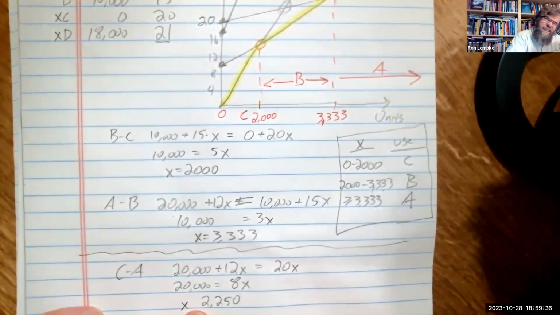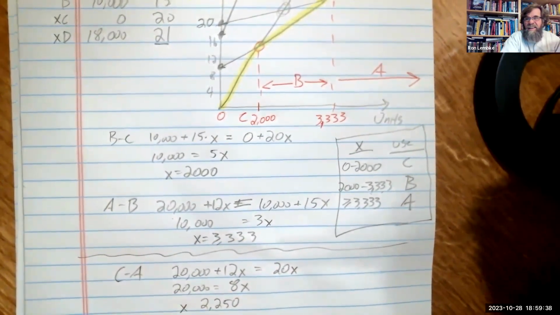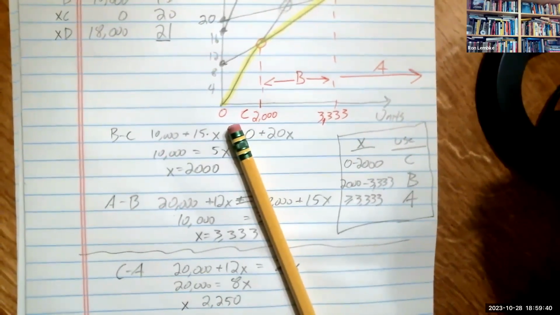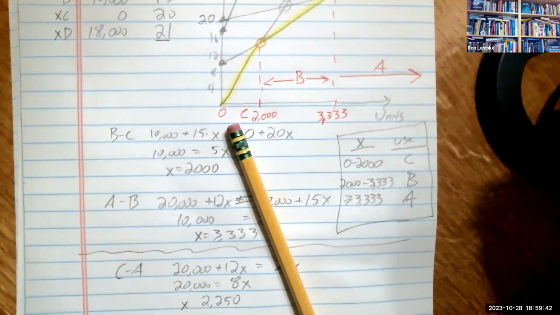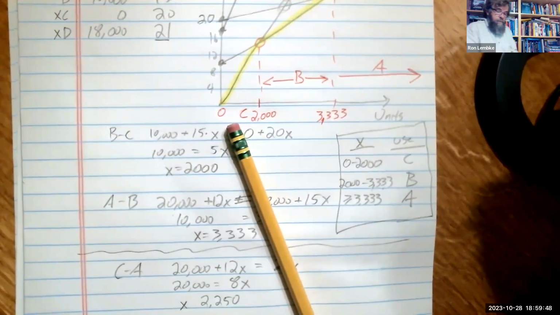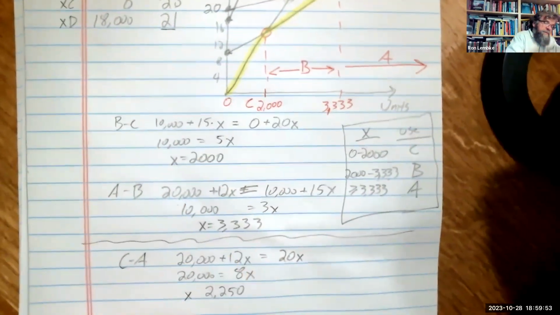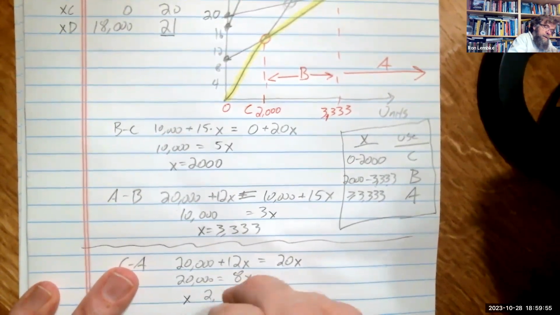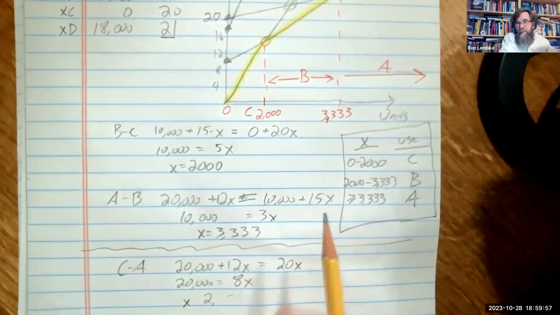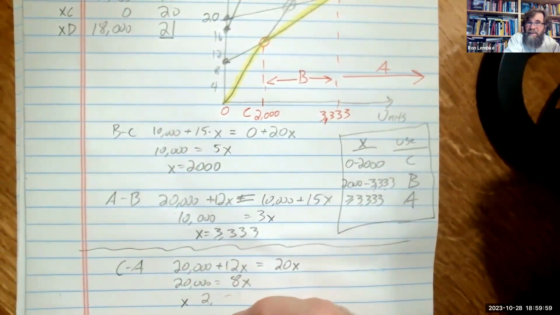Oh, is that right? Let's see. No, 2,500. See, you should always be skeptical when I'm doing math in my head. I'm not as good at it as I think I am.